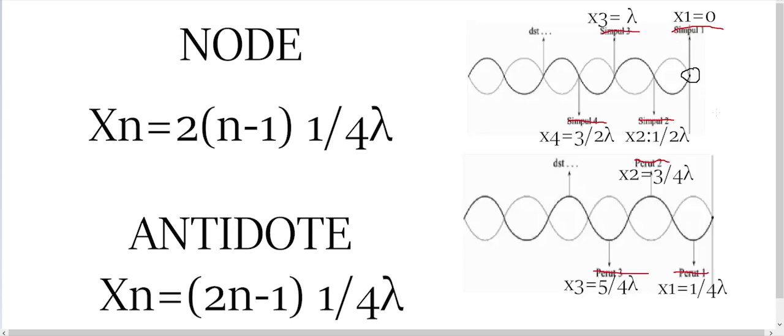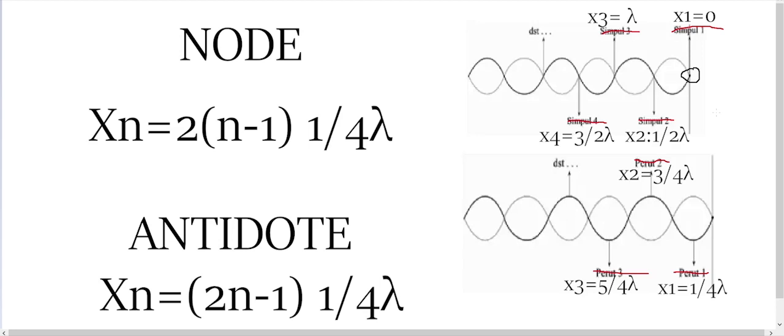It is half lambda. The lambda here is still in because it is how long the wave is here, and it is counted as a half here because it is from point to point.